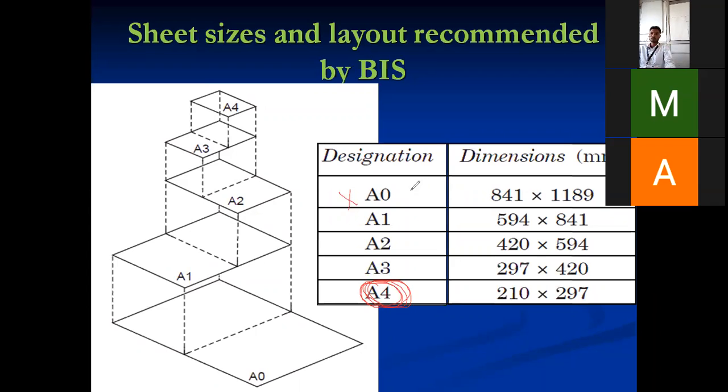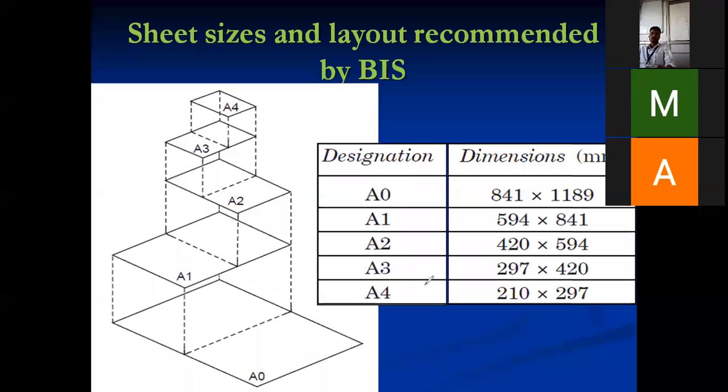We should include this also, no? So 1, 2, 3, 4, and 5. How many are there in total? At least that you should be clear about. 4 or 5? 5. Keep in mind there are total 5 different sheet sizes.